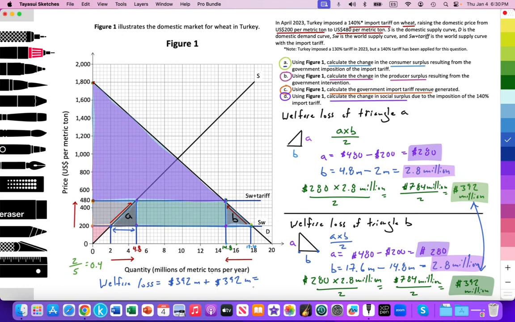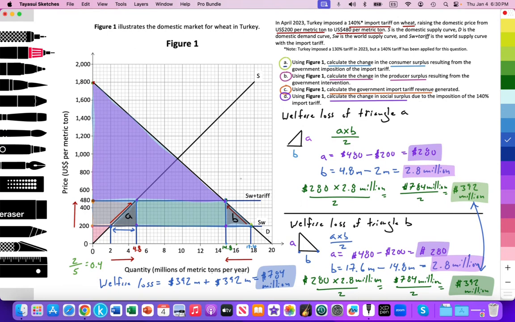And so the combined welfare loss is 784 million as our final answer. Okay, and that's it. So we've tackled question D.